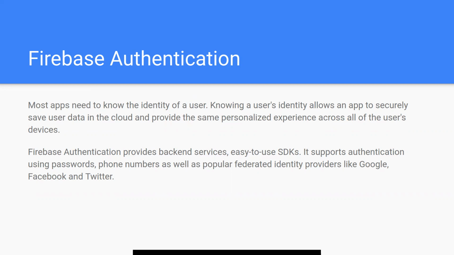Firebase Authentication provides ready-to-use plug-and-play authentication services, so we don't have to write any backend. We can authenticate with passwords, phone numbers, but also identity providers like Google, Facebook, or Twitter. So we can basically say, hey, connect with Google or sign in with Facebook or sign in with Twitter, etc.